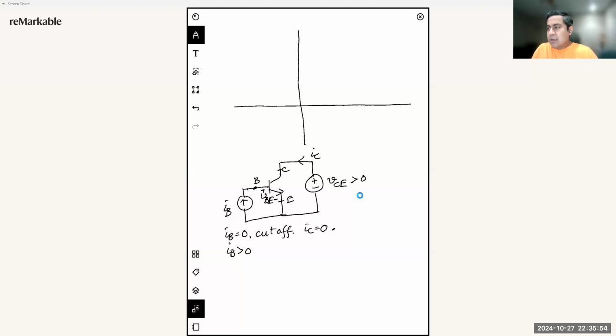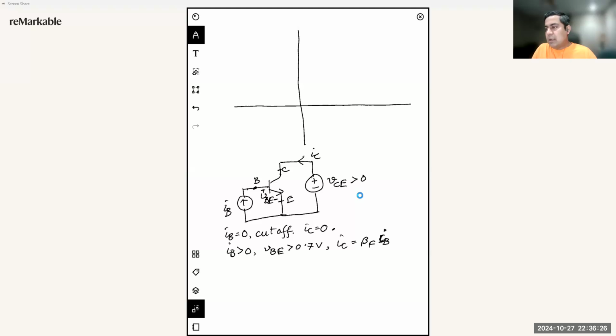Once that is in the forward bias region, that voltage is approximately 0.7 volt. Then this PN junction is forward biased, and we are going to see a positive collector current flowing. That collector current we can write as beta F IB.